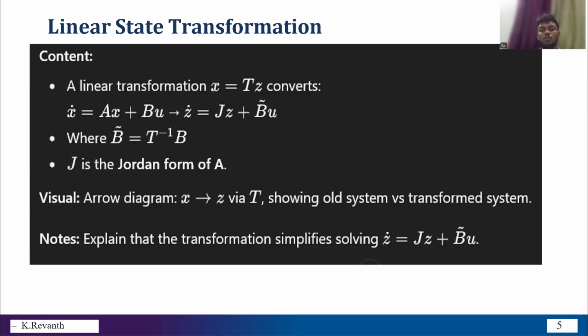Here, T inverse A T equals J, which is the Jordan form of A. Now the system is z dot equal to J z plus B hat mu, where B hat equals T inverse B. This new equation is simplified because J has a much more regular structure. Thus, the transformation from x to z changes the system representation, but not its behavior. It just makes analysis easier.